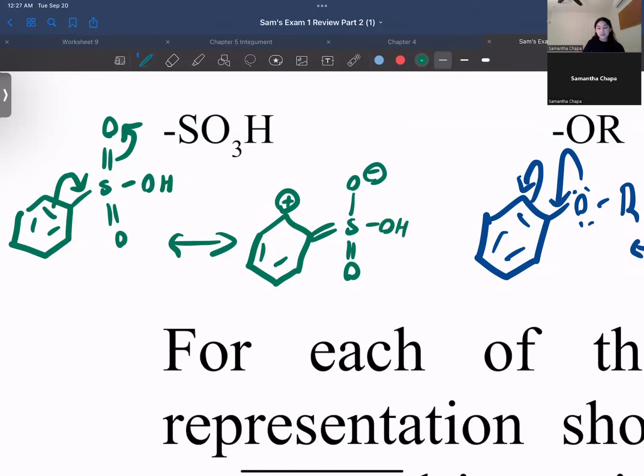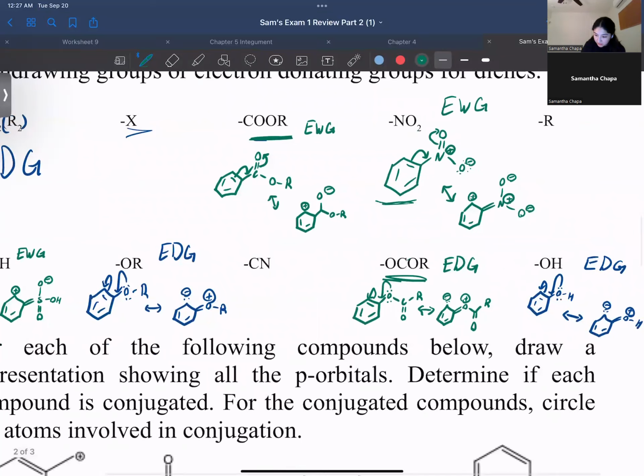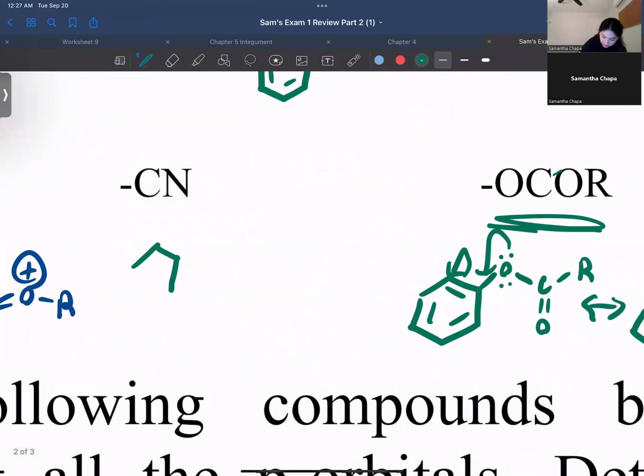Cool. So since we have a carbocation, sorry, we're withdrawing electron density, and this is an electron withdrawing group. This next one, CN. Let me change my color so that it doesn't blend in with everything else.